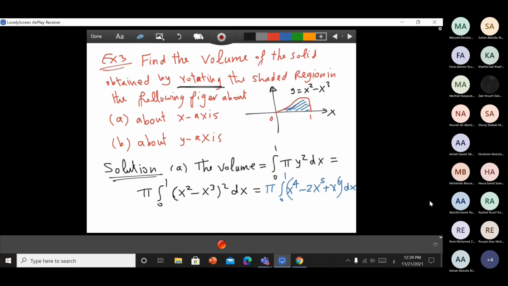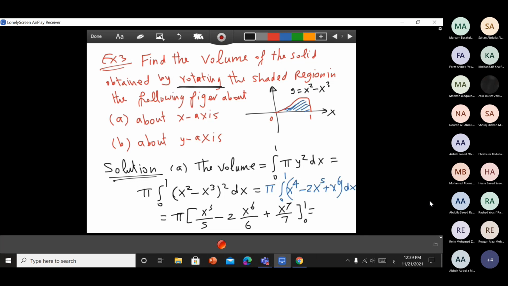Okay, now let's integrate. So this will be equal to pi times the integration of x to the power 4, which is x to the power 5 over 5, minus 2 times the integration of x to the power 5, which is x to the power 6 over 6, plus x to the power 7 over 7, the integration of x to the power 6, from 0 to 1.